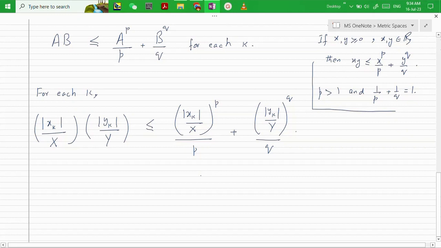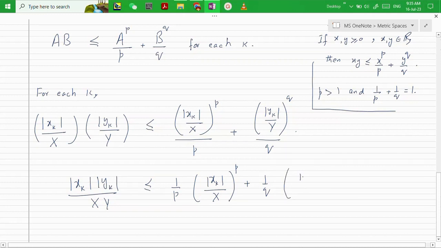So we again simplify. That's equal to mod of xk into mod of yk divided by XY, less than or equal to 1 by p times mod of xk over capital X whole power p, plus 1 by q times mod of yk over capital Y whole power q.